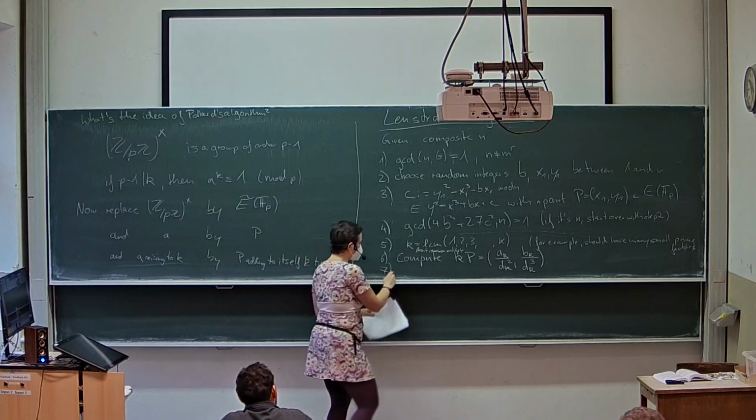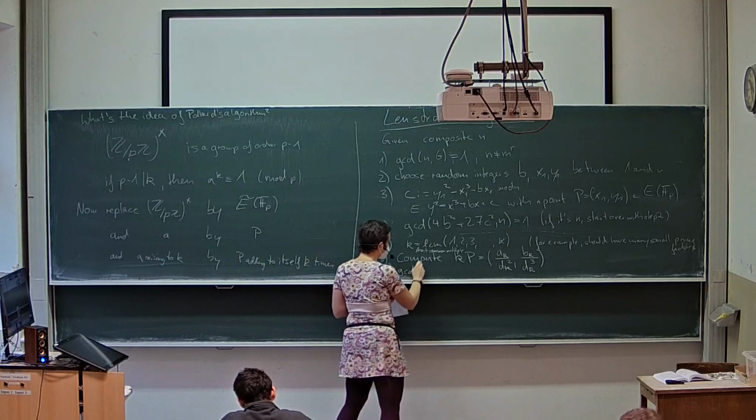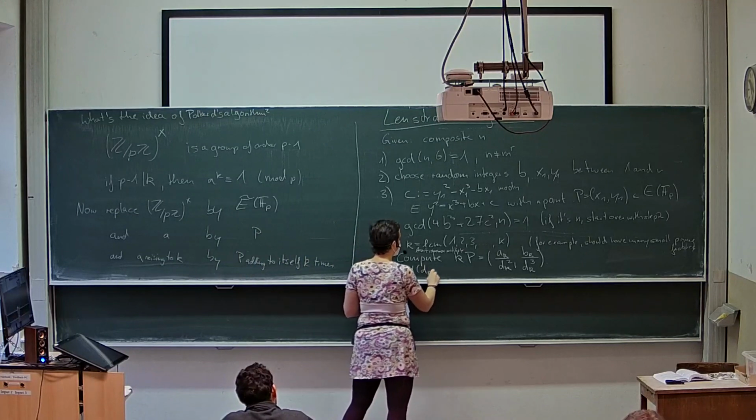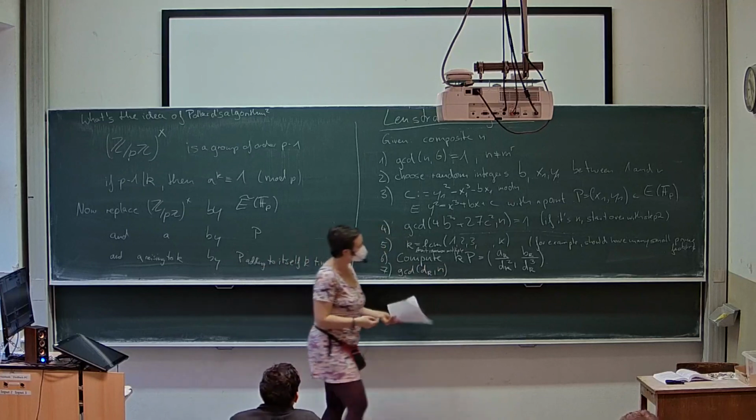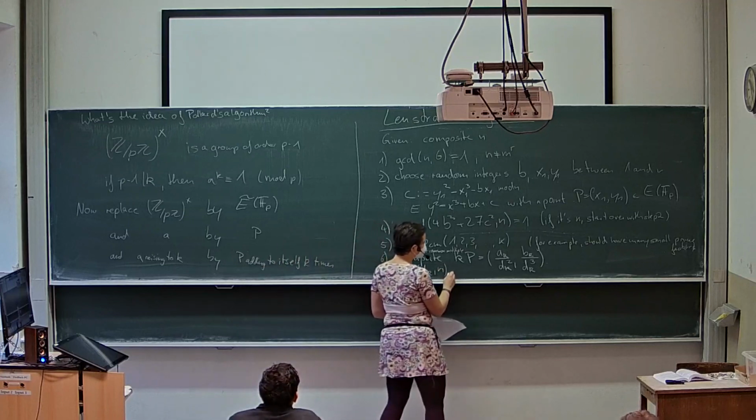And then we compute the GCD of dk and n. If we have a factor, then we're done.